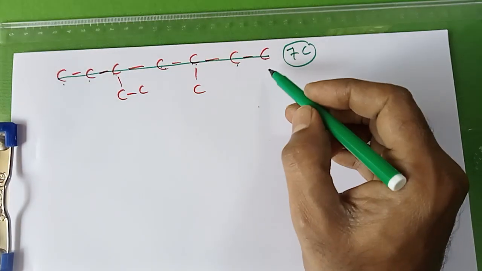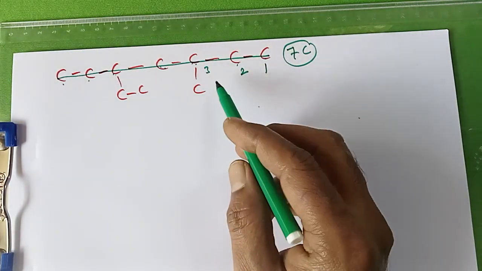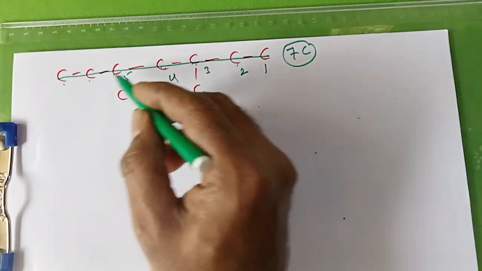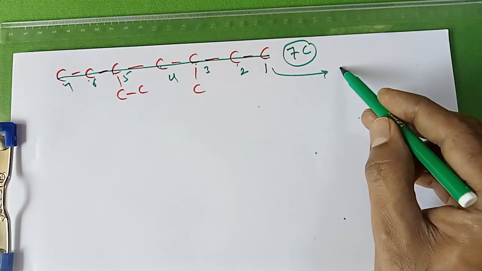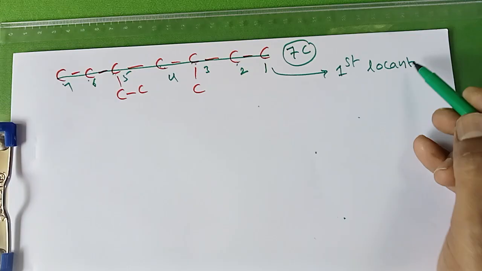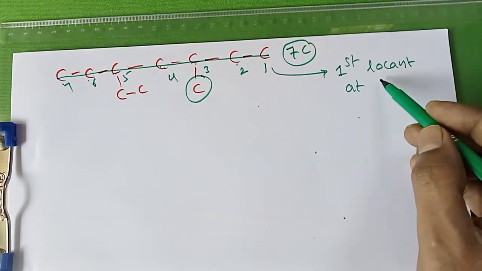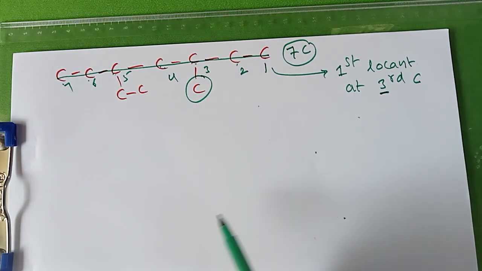Then next, if you give the numbering from this side, 1, 2, 3, the first locant is at the third carbon only. 4, 5, 6, 7. So in this green color numbering, the first locant, locant means substituent or branch. This branch is at which carbon? The third carbon. Remember this number.